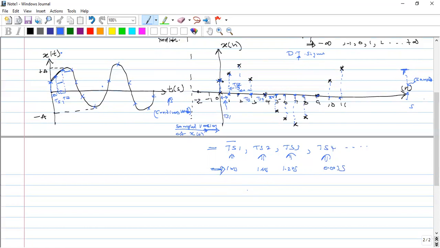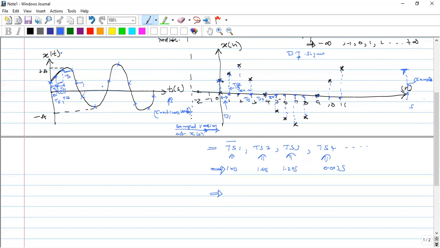Also, we can take a constant time gap. From this sample to this sample there is a certain time gap, TS, and from here to here the same time gap, and again the same time gap.